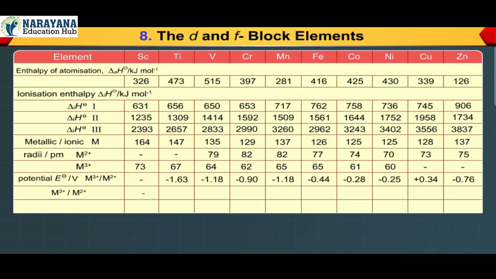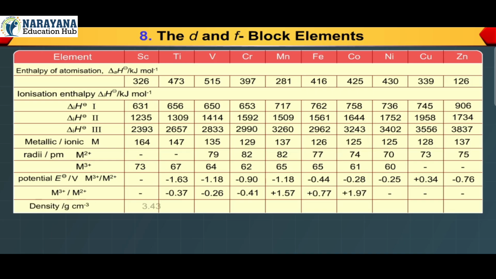M3 plus or M2 plus: minus 0.37, minus 0.26, minus 0.41, plus 1.57, plus 0.77, plus 1.97.